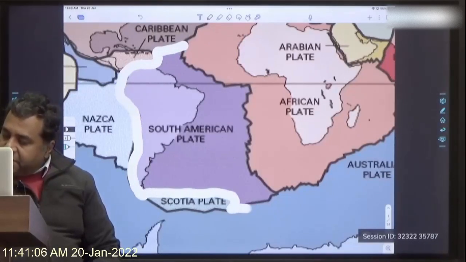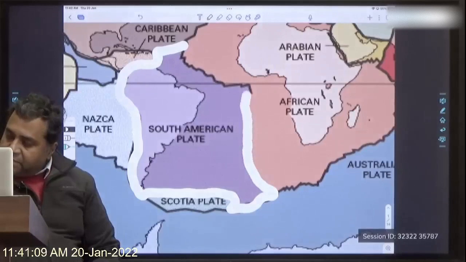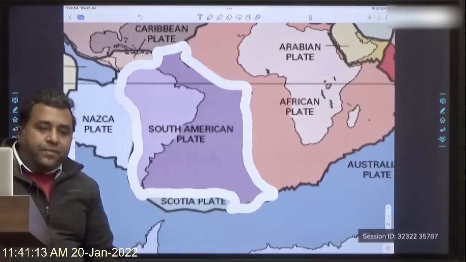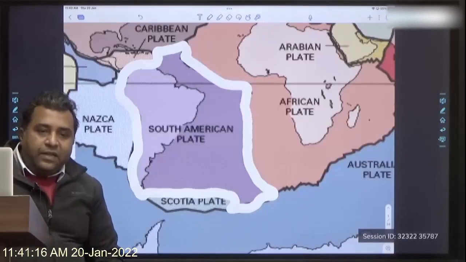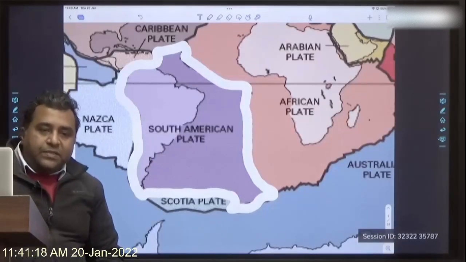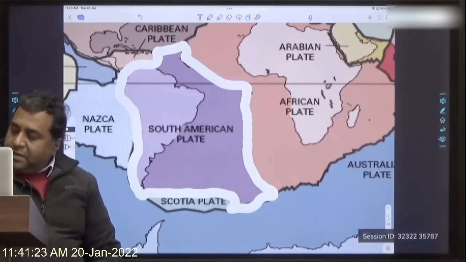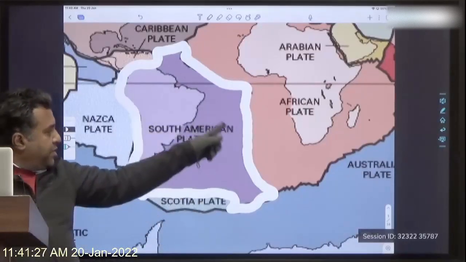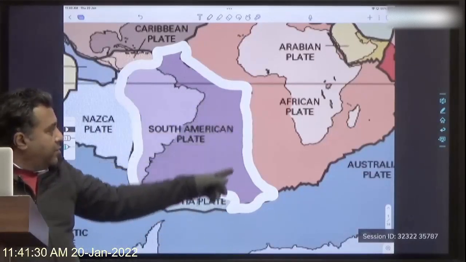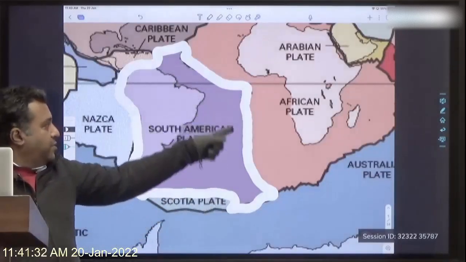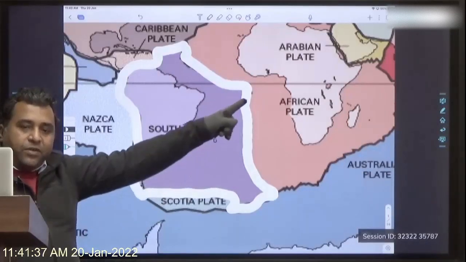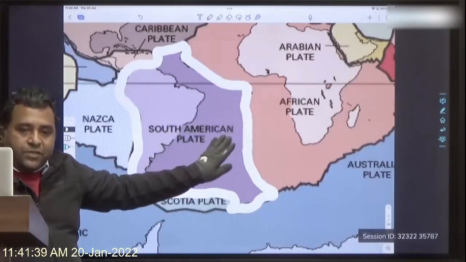Okay, this is the margin. I'm drawing you the margin of the plate. Okay, so this is your South American plate, complete, right? So please, in this plate, if I ask you, please tell me, right? Hopefully all of you can see this is the South American continent. This is the oceanic part. Which ocean is this? This is the Atlantic Ocean. This whole thing is the Atlantic Ocean crust, because between South America and Africa, we have the Atlantic Ocean. So this is the ocean.